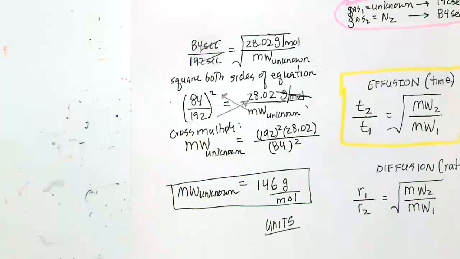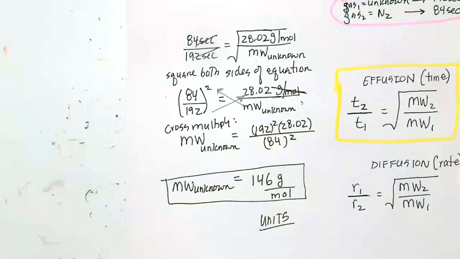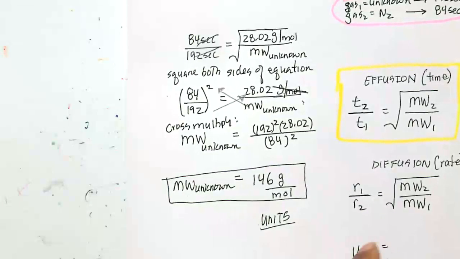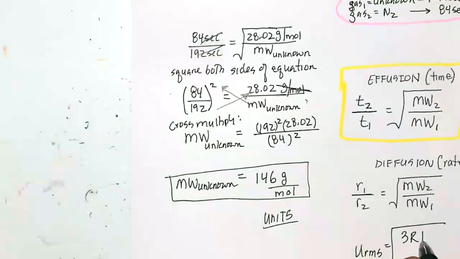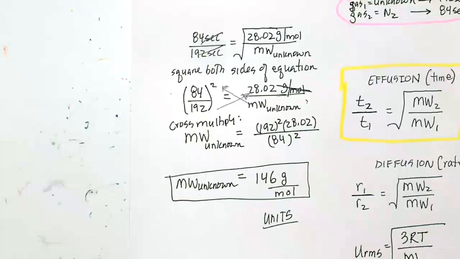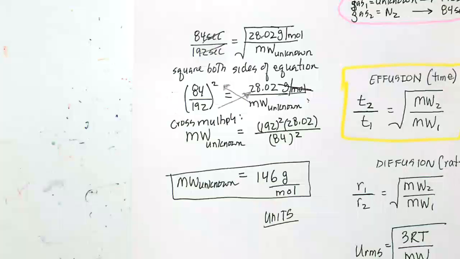So effusion time is related to the molecular weight according to this equation. How fast a gas diffuses is related to this equation. And of course, one more equation that I'll also give you is the actual speed of a gas. We call it root mean square speed, and that's 3RT divided by the molecular weight, all of that under the square root.